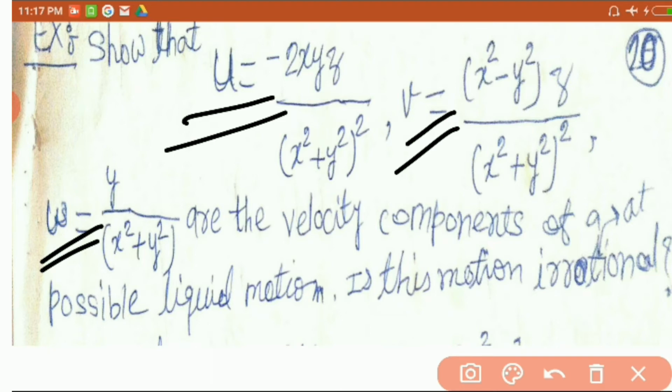And we want to add this. If this is not 0, that means dou u by dou x, dou v by dou y, and dou w by dou z addition of these derivatives are not 0, then 100% motion is possible. And if it is 0, then motion is not possible.